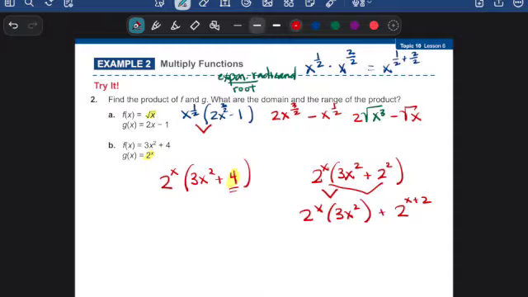Okay, how about the domain and range for these? Well, for part A, it looks like we have some kind of a square root function. And our square root function has a domain of everything greater than or equal to 0. And our range does have a limit.